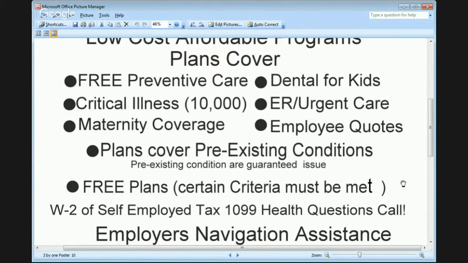If you fall into that category, because I know some people say my mama, grandmama had cancer, my sister had cancer, I'm getting my breast cut off now. But look, if you go in the hospital for any reason with this critical illness program, in some cases you'll get 5,000, but you can get up to $10,000 in coverage.